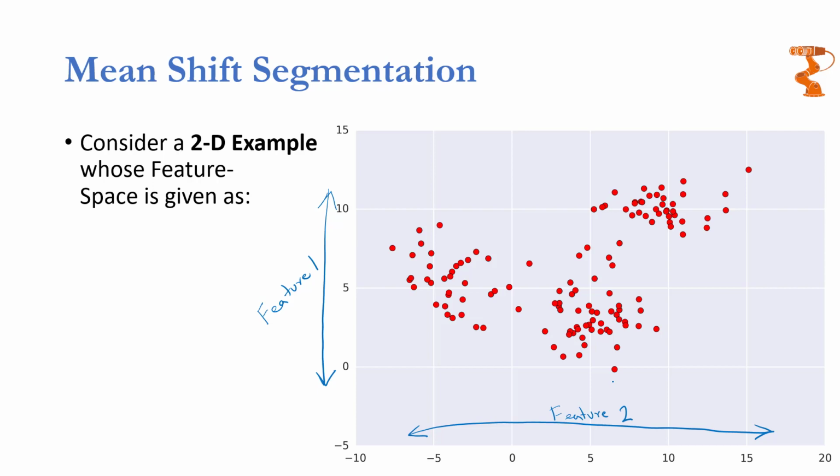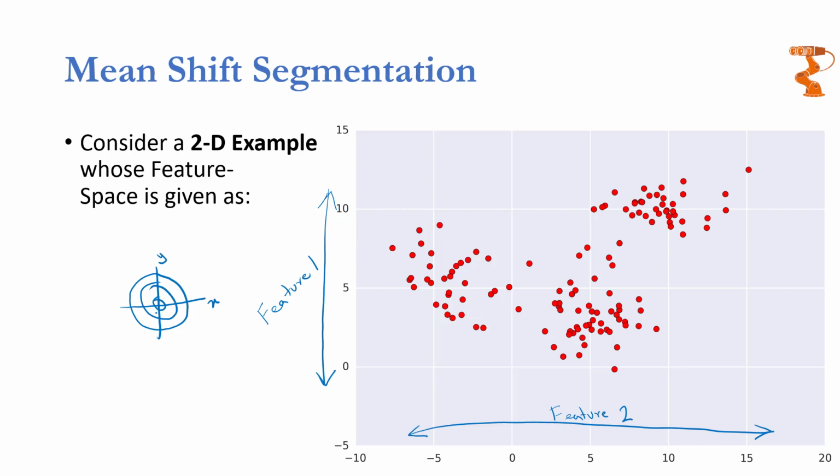In one-dimensional feature space, we needed a one-dimensional kernel function. But in a two-dimensional feature space, we will need a two-dimensional kernel function. So a two-dimensional kernel function will have two dimensions in it, and it will have lower values over here and higher values as we move towards the center.